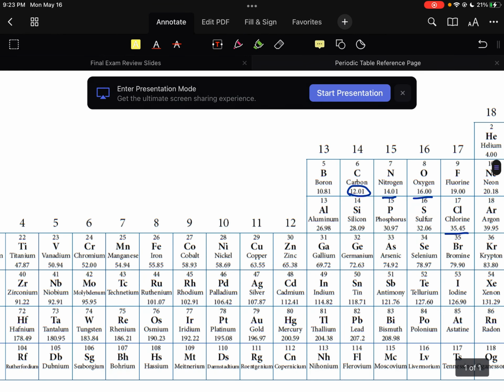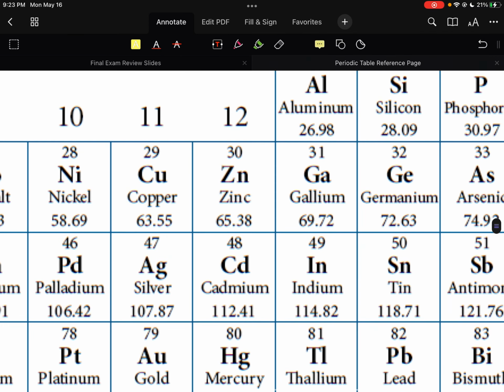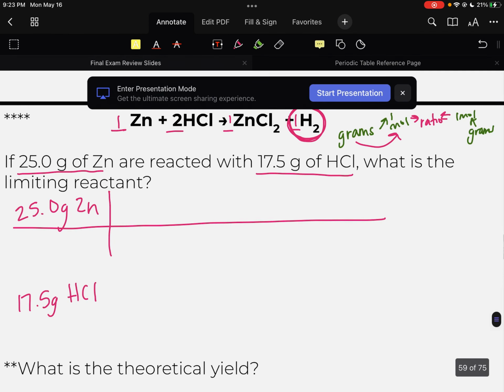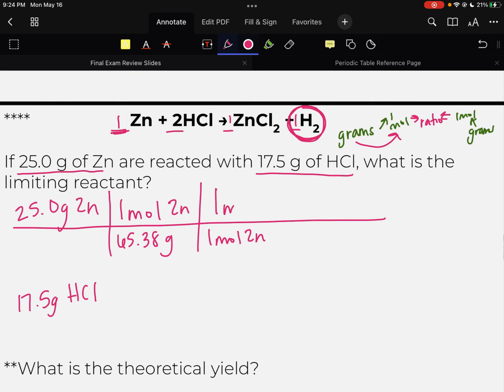So I know I do that by using my periodic table. So I can get my molar mass of zinc, which is right here, 65.38. And that's grams, and that's always equal to 1 mole. Okay, now I can use my mole ratio, and I can say in my equation, I have 1 mole of zinc for every 1 mole of hydrogen.